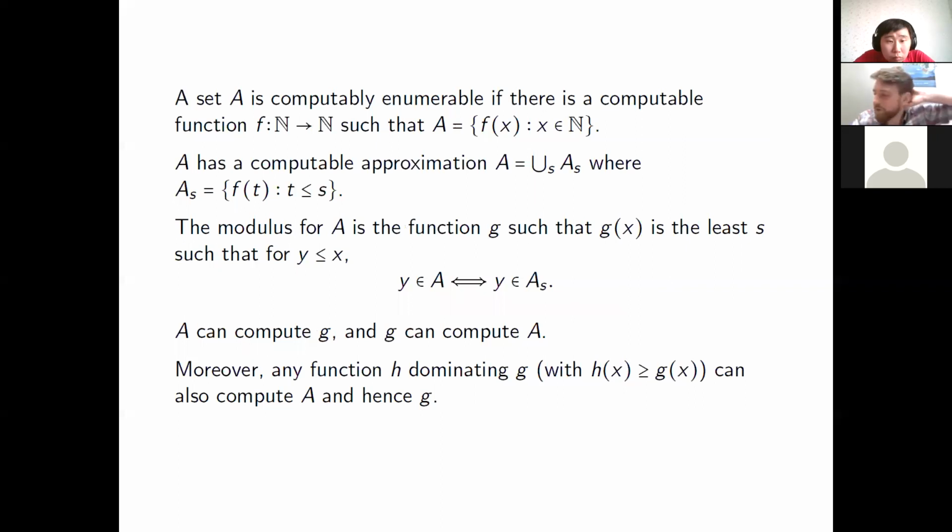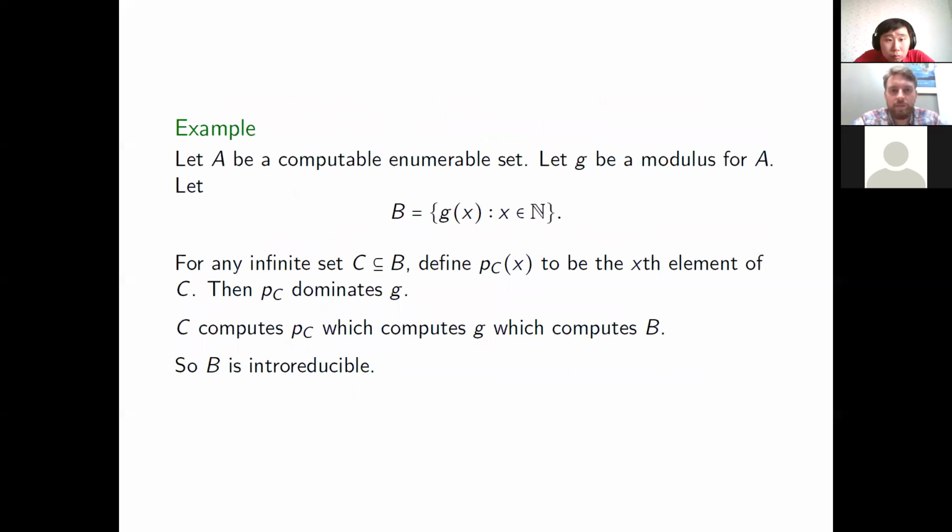Another example, which I might skip for time: if you have a c.e. set, there's something called a modulus for the c.e. set, and you can build intrareducible things using moduli. Maybe just for the computability theorists, if I take a c.e. set and its modulus, and I take the image of its modulus, this is going to be intrareducible, basically because anything that dominates the modulus of a c.e. set actually computes the modulus.